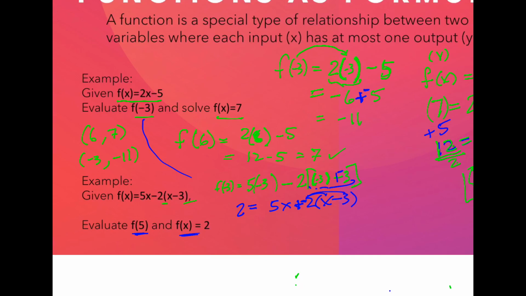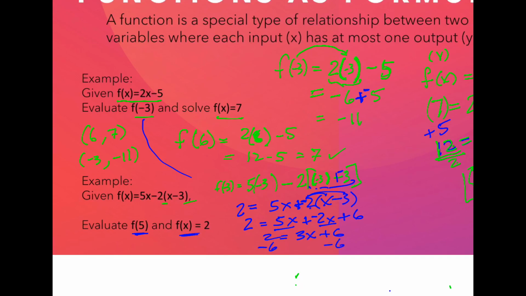Now I'm going to distribute this to get rid of the parentheses. So that gives me 5x plus negative 2x, and then negative 2 times minus 3 is positive 6. We'll combine like terms that are on the same side of the equation. So that gives me 3x plus 6 equaling 2.